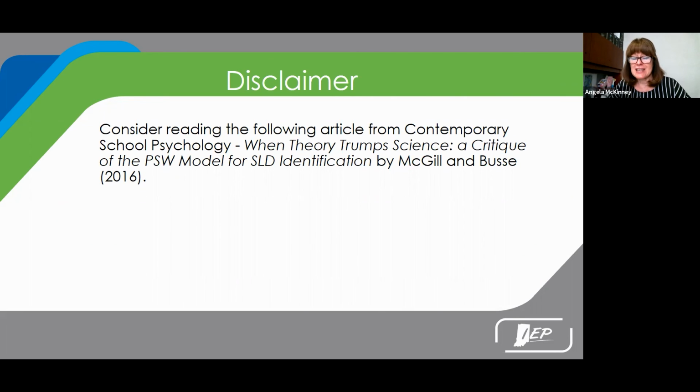This is the best we've got. These three methods give us some good information, but there's also a lot out there that says this stuff really isn't all that helpful in identifying what to do for kids.